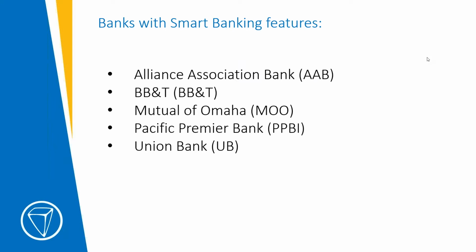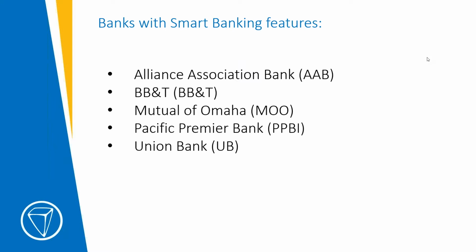The other one is BB&T. I think that's Branch Banking and Trust is what BB&T stands for, and its alias is also BB&T. We have Mutual of Omaha, MOO. Now, Mutual of Omaha is going to be the bank that those of you that are using CAB, Community Association Bank, became Mutual of Omaha, so you may know it as Community Association Bank or CAB.